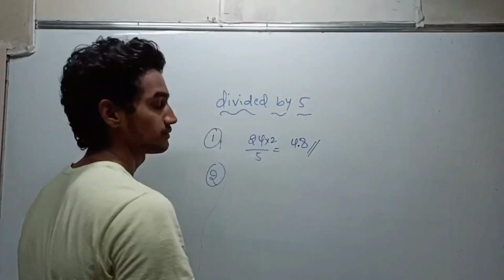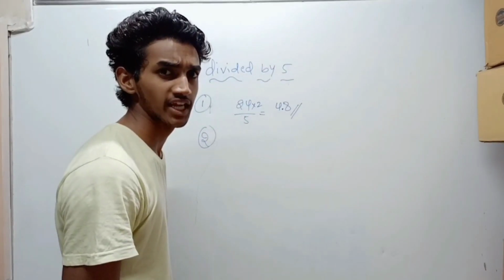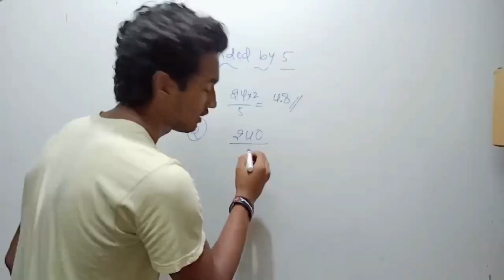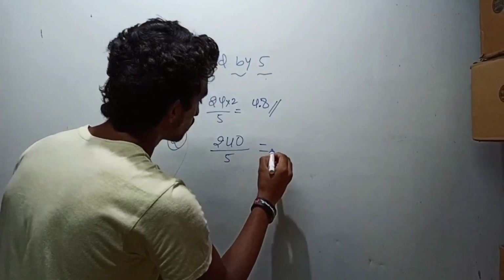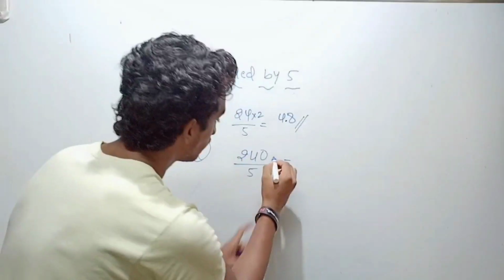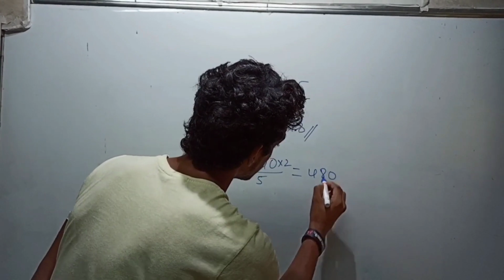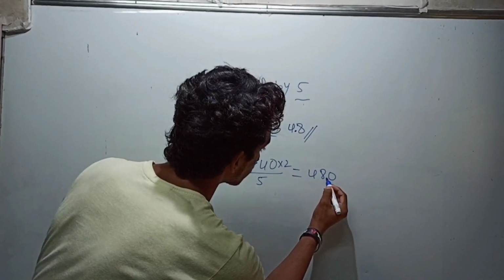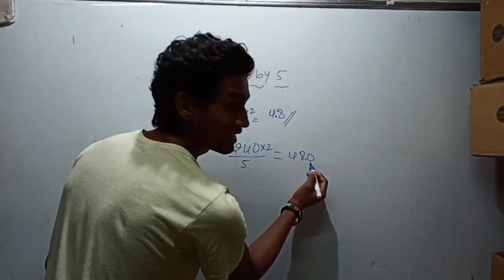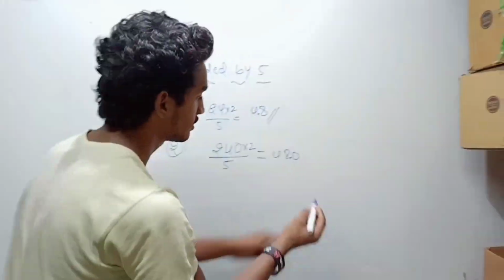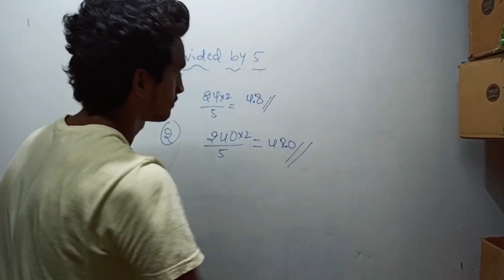Second question is 240 divided by 5 equals, 240 into 2 equals 480. So from the right side we leave one digit and put the point here. So the answer is 48.